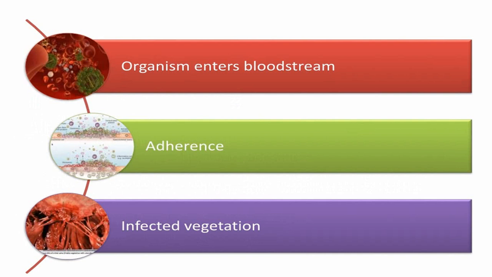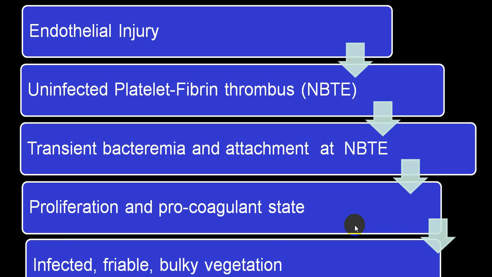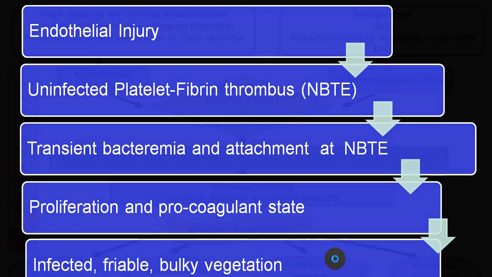So organism, adherence, vegetation formation, then local damage to the endothelial surface gives rise to vegetation formation. You can have an uninfected platelet-fibrin formation, that is what we call non-bacterial thrombotic endocarditis, or you can have a transient bacteremia, proliferation, and then friable material gets dislodged and gives rise to embolic phenomena.